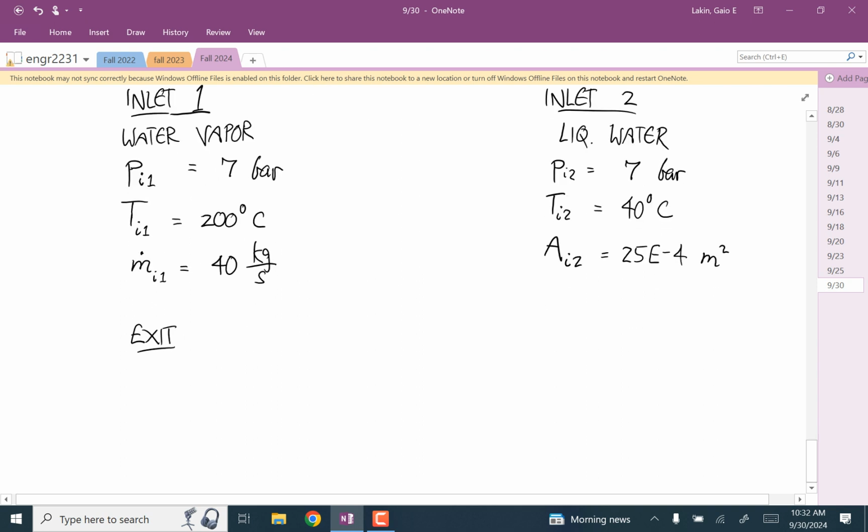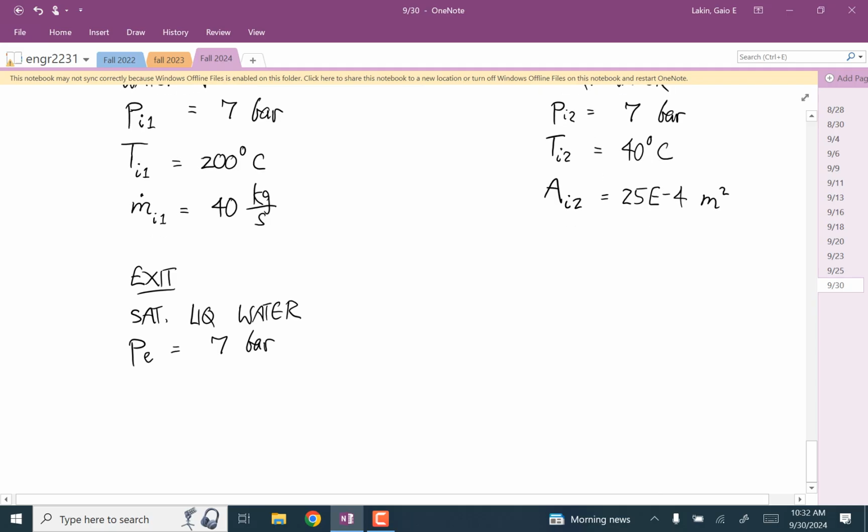And then at the exit, we have saturated liquid water. The pressure at the exit is 7 bar. The volumetric flow rate is 0.06 meters cubed per second.